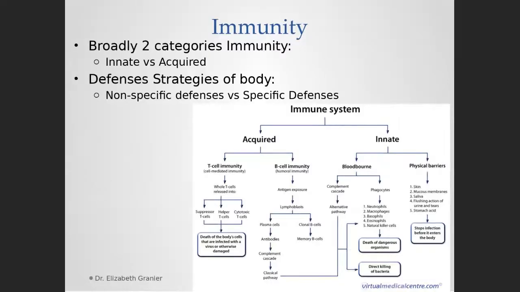Big picture, one type of immunity is that you are human, and because you're human, there are certain types of things that will not come after you.